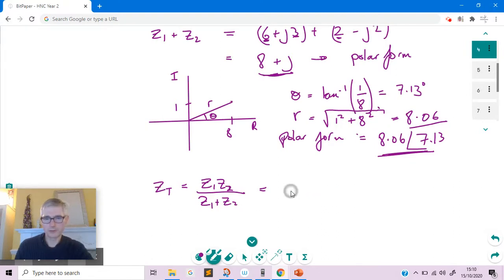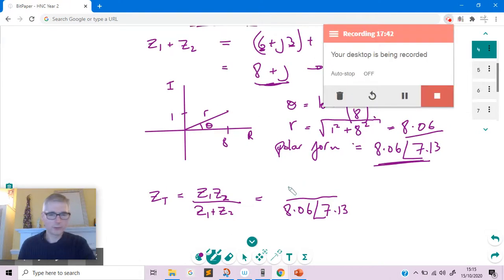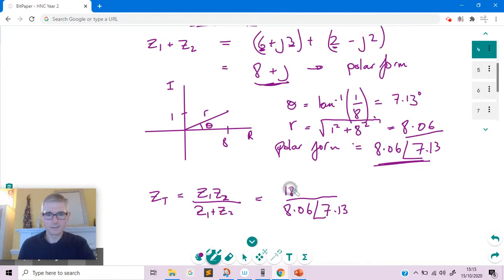So the bottom of this was 8.06 with an angle of 7.13, and the top of the fraction was 18.99, with an argument of minus 18.43. So that was Z1 times Z2 gave us that top line there.